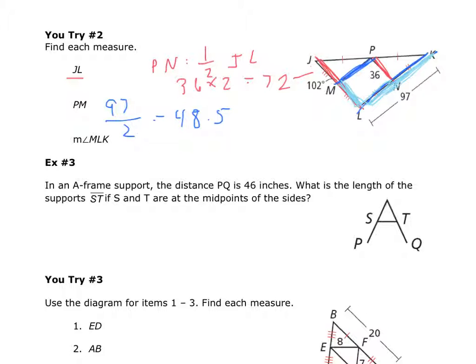So MLK, we see that JMP is 102 degrees. Well, we know this angle and this angle are congruent, so we can say that MLK is also 102 degrees. Okay? All right, let's try a few more here.